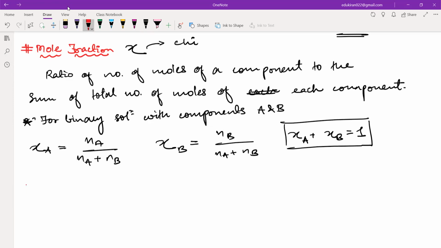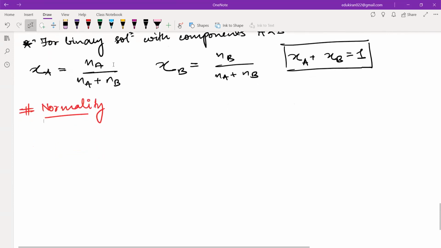Now, there's one more term that I said I will teach you today, and let us just write this topic. That is normality. अब देखिए, नॉर्मैलिटी आपके नीट में आ सकता है, जेई में आ सकता है, सीबीएसई में पूछा भी नहीं जाता है, ठीक है. But right now batches are not divided, I have to teach you guys everything. So what is normality?